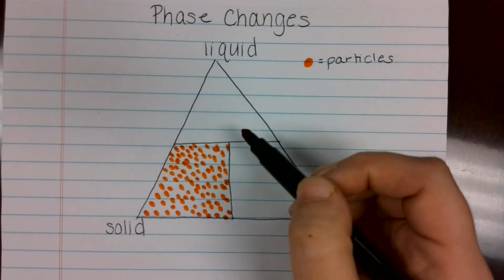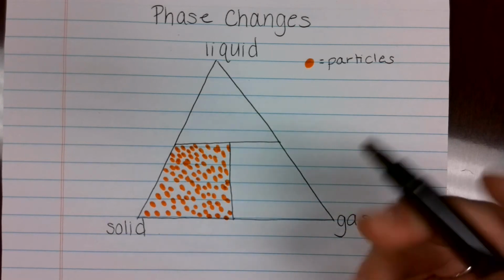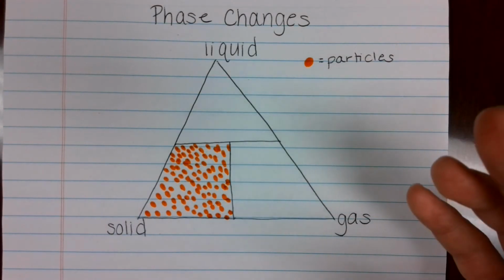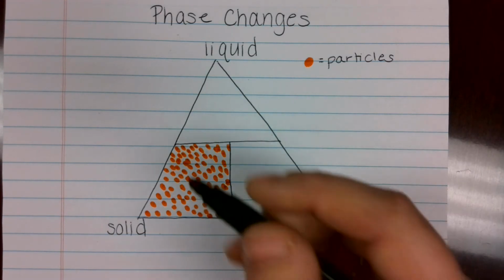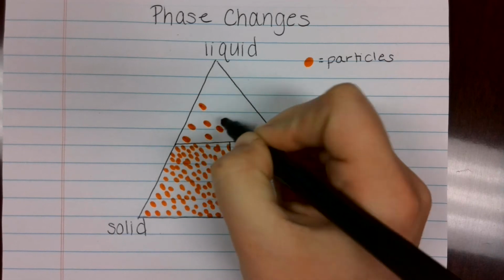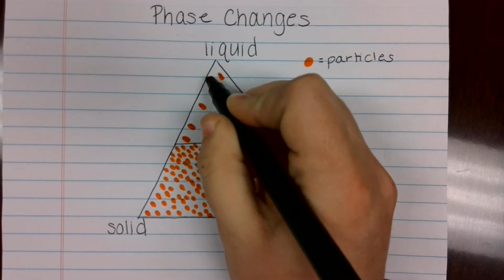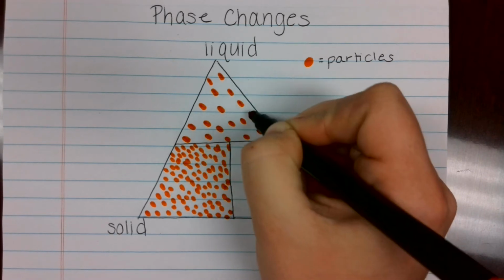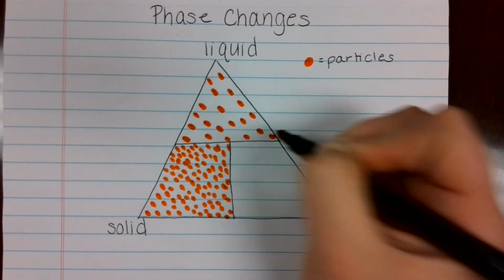Now, in a liquid, that's not always the case. Since liquids are more free-flowing, per se, and they do take the shape of anything that they're put into, our particles are a little bit more far away, and there's not as many of them. They're kind of spread out, kind of close.